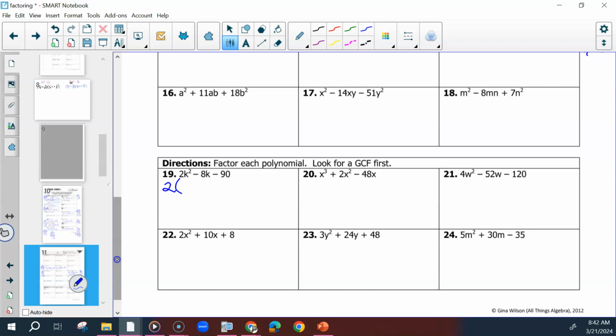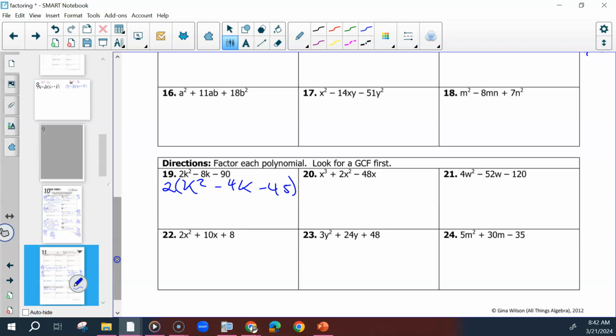If we were to divide each of these by 2, what would be left? 2k squared divided by 2 for number 19. What would that first term be? The middle term would be? Just k squared. So k squared minus 4k minus 45. We would need 3 terms.